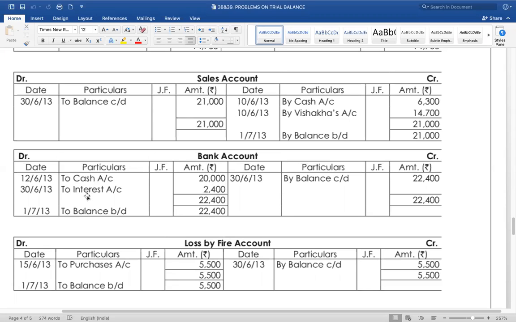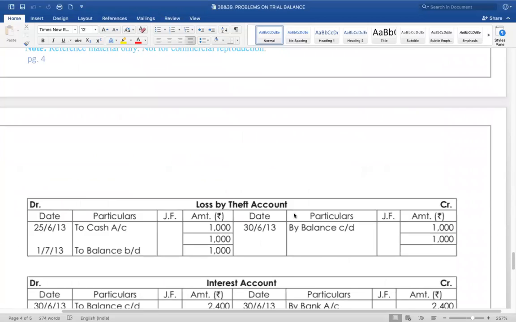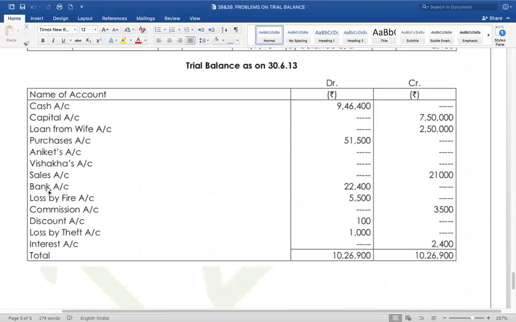And bank account debit to interest, 2,400. So 22,400 is the total on debit and nothing is on the credit. So 22,400 on both sides. The balancing figure is 22,400, which is a debit balance. So in the trial balance, bank account 22,400, nothing on the credit.